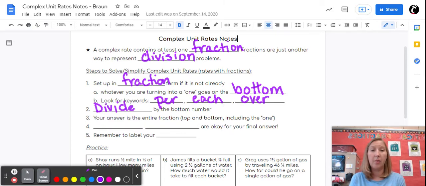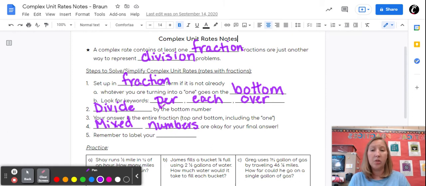Because remember, when we're talking about a unit rate, we want to know the amount for 1. So in this case, mixed numbers are actually okay for our final answer. I know usually when we're writing a ratio, we don't want to have mixed numbers, but since we're actually comparing that mixed number to 1, we are allowed to have mixed numbers in our final answer.